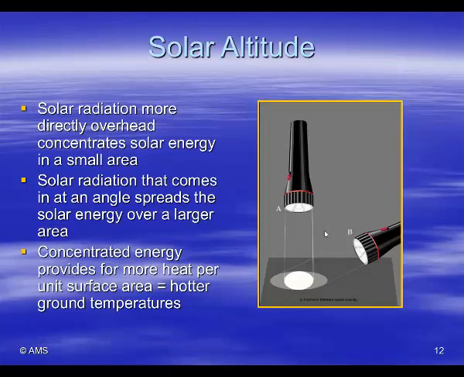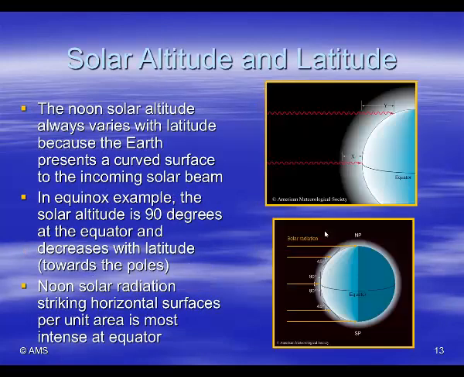That's in position A. If we look further north, it's spread over a larger area because it presents a curved surface to the sun. So the equator is very hot, and the poles are relatively cool.